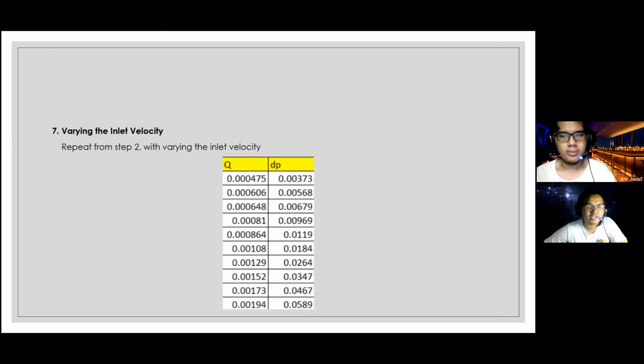Then repeating the steps with varying inlet velocity, we obtain this variation of pressure drop and fluid discharge.